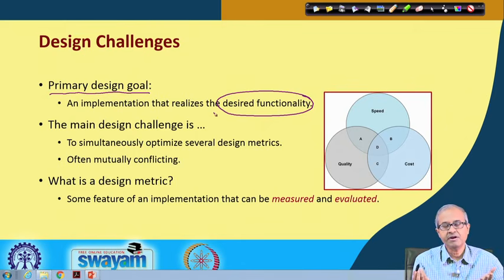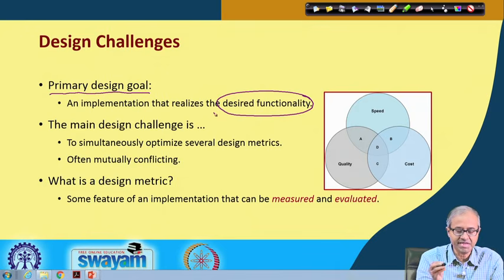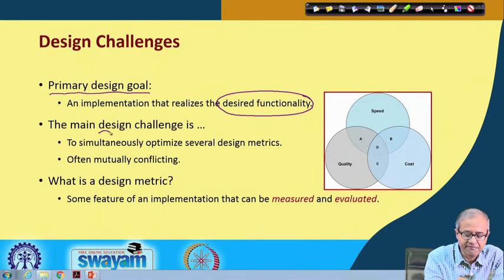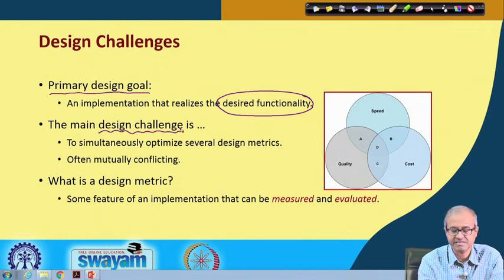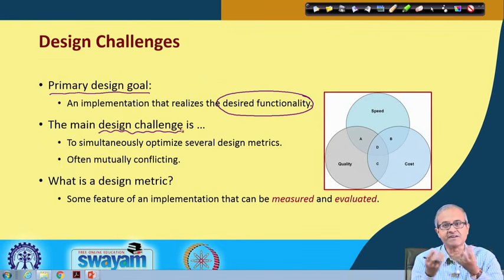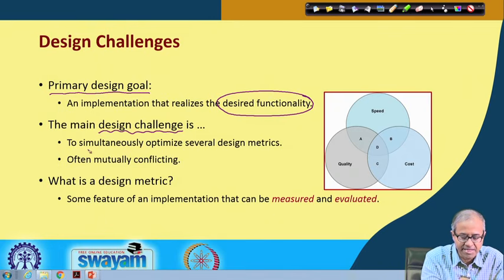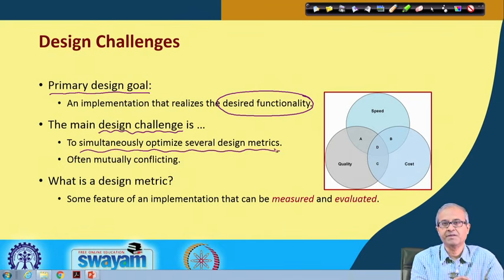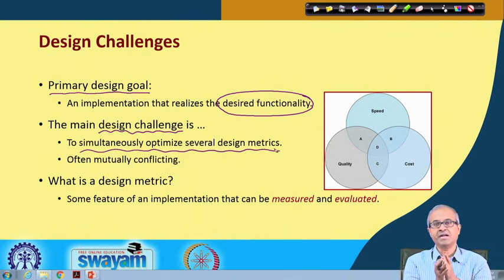But in order to have this implementation, you may have some design challenges. Well, in this sense, there may be several design metrics we shall be talking about, and you may have to optimize several of them. Like, well, the user may say, I want something which is low cost, small in size, very powerful and also very rugged.